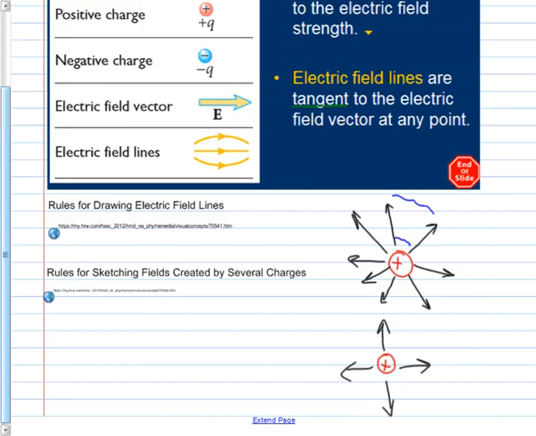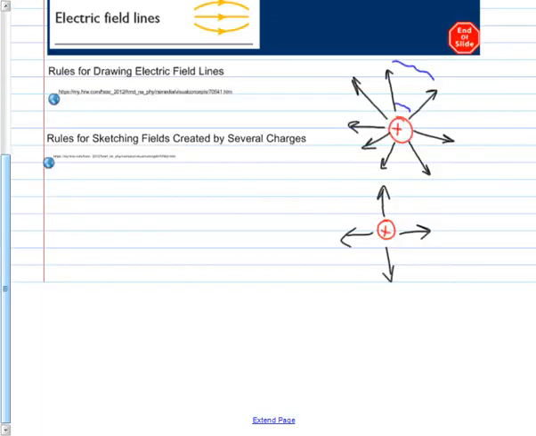So in case you have to draw one of those, there are the rules for drawing them. If I was going to draw one of these, a positive and a negative, the rules are not hard. Let's call this a +2, so Q equals +2, and this one over here is just going to be a -1, Q equals -1.